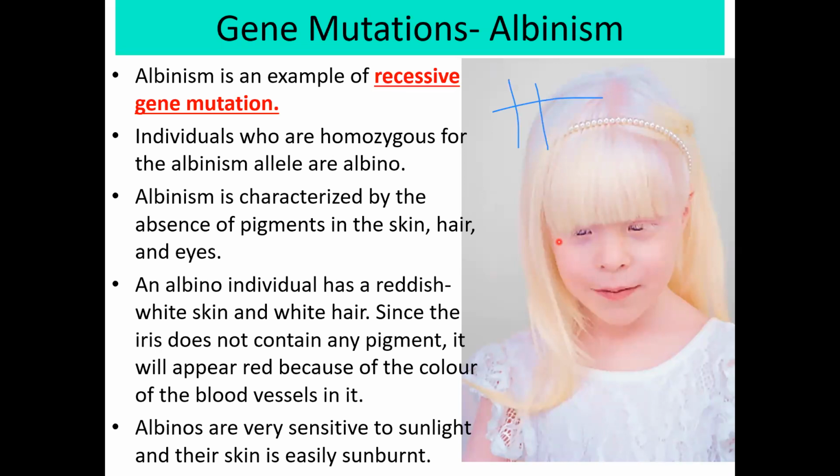Such persons are very much sensitive to light. They can get sunburns very quickly. Their eyes appear red because they don't have any pigment in the choroid layer of the eye. They don't have any pigment in the iris. So the blood vessels are reflecting their color, which is red.